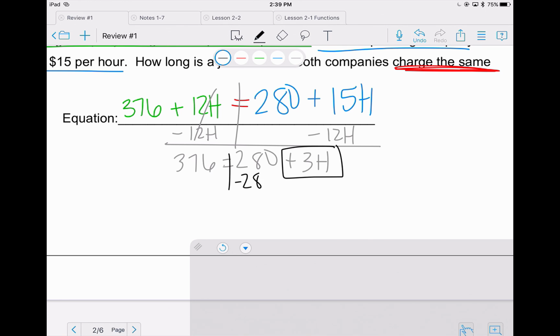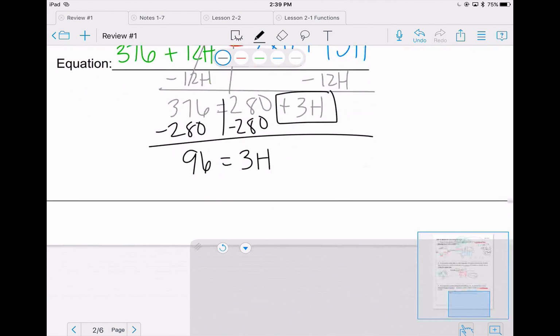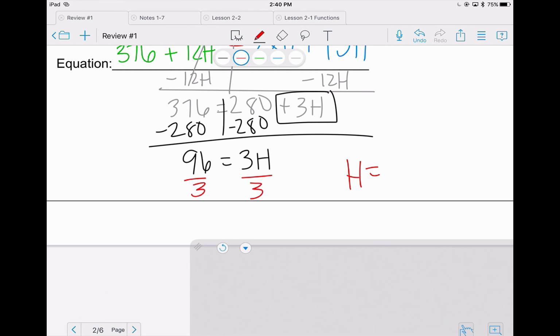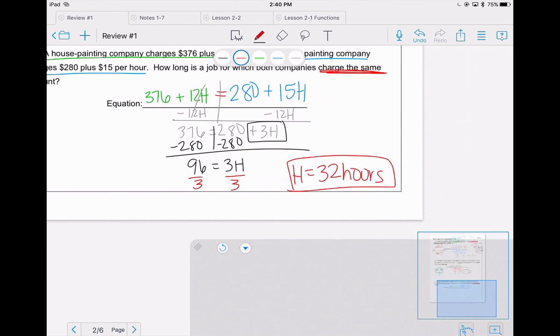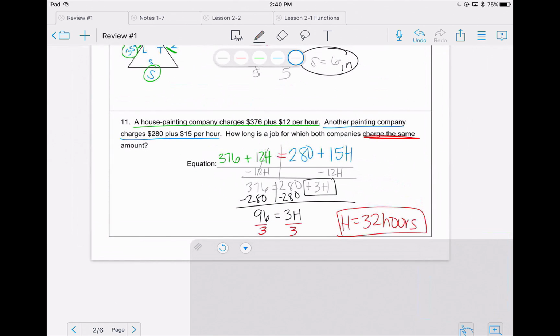Subtract 280 from both sides. And 3H equals 96. And then divide by 3. H equals 32 hours. I remember that it's hours because I left my variable as H to help me remember the H at the end is hours.